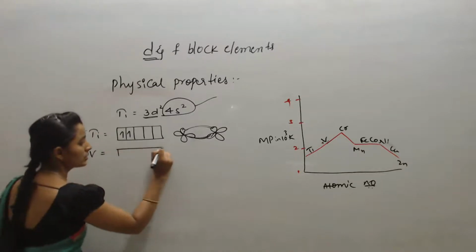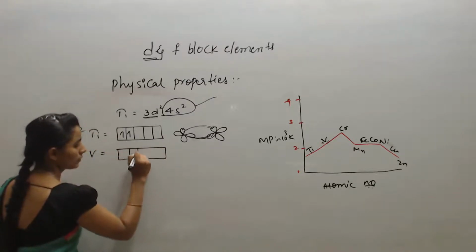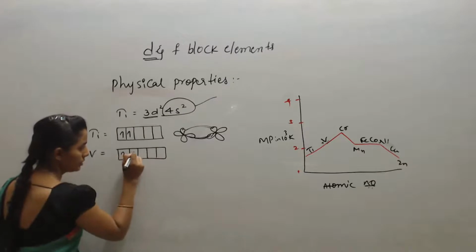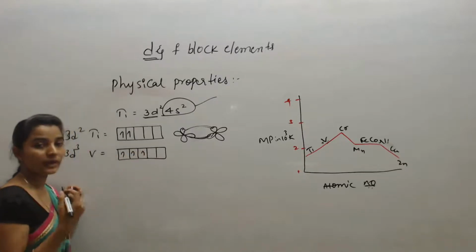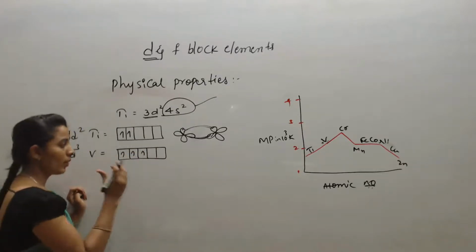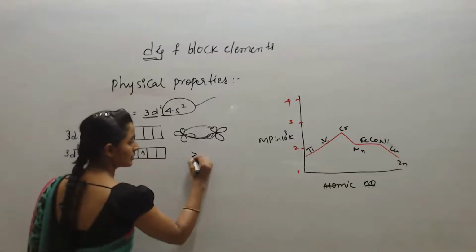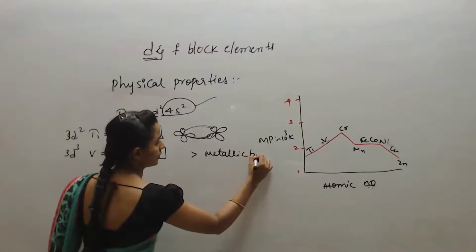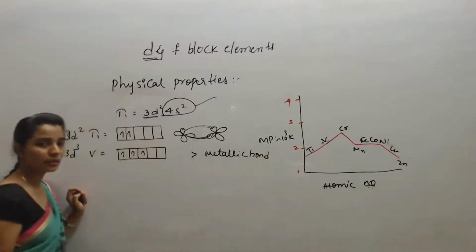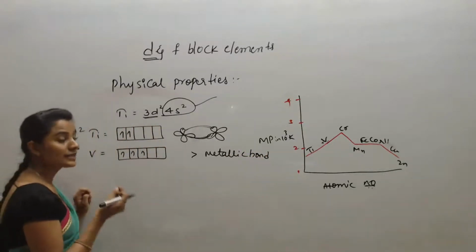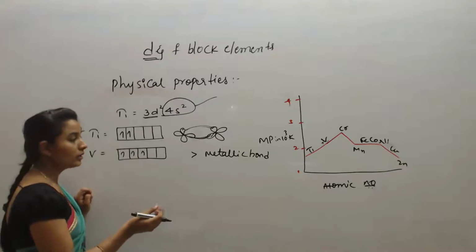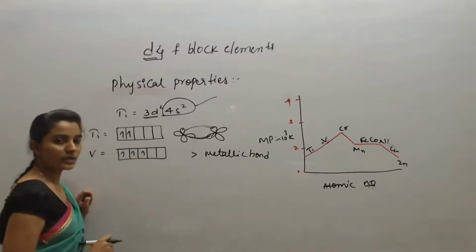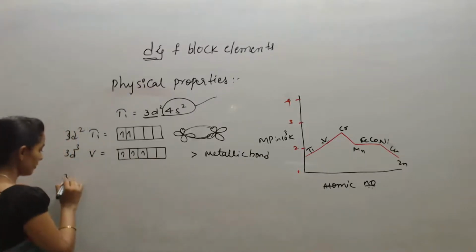Here what happens? 1, 2, 3. The number of unpaired electrons increases, meaning the bond increases, thus resulting in a greater metallic bond. As the number of unpaired electrons increases, the intensity and the ability of the bond formation increase.